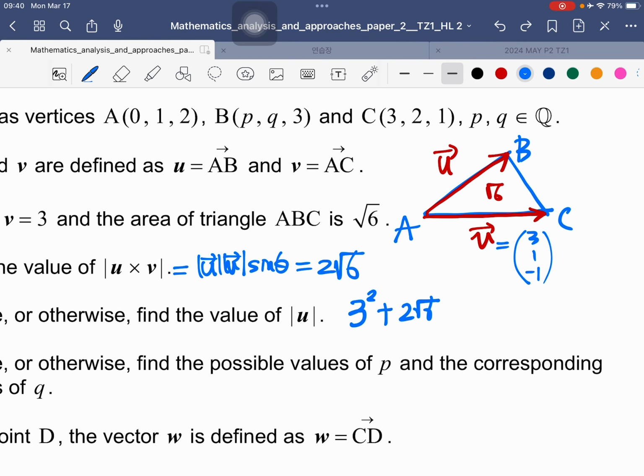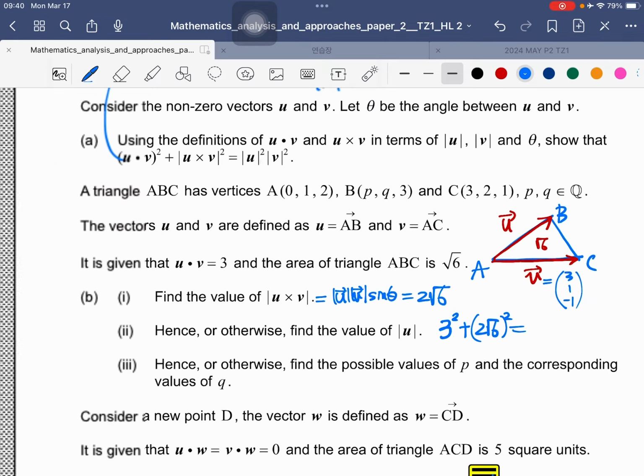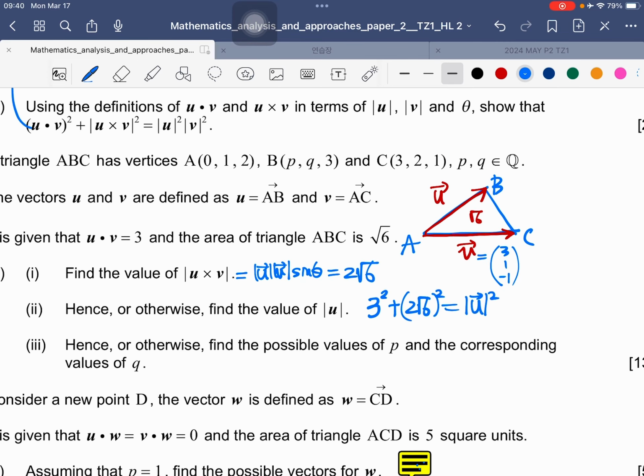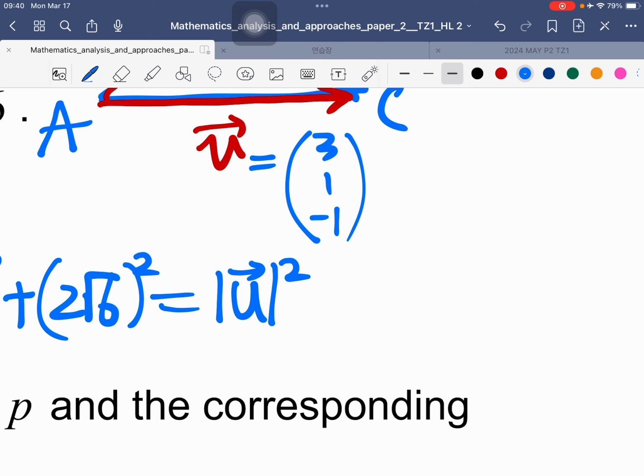Let me rewrite this a little bit to make it clear. 2 square root of 6 everything squared equals the magnitude of u squared times the magnitude of v squared. The magnitude of v squared is the square root of 9 plus 1 plus 1, everything squared.